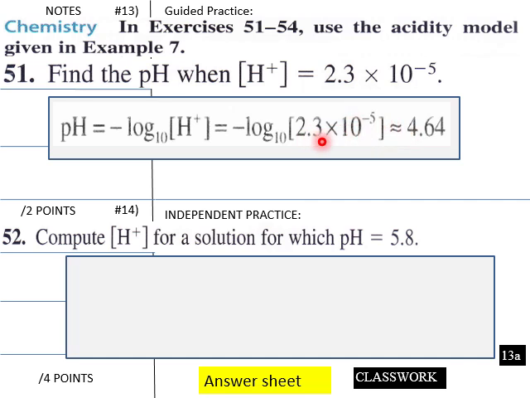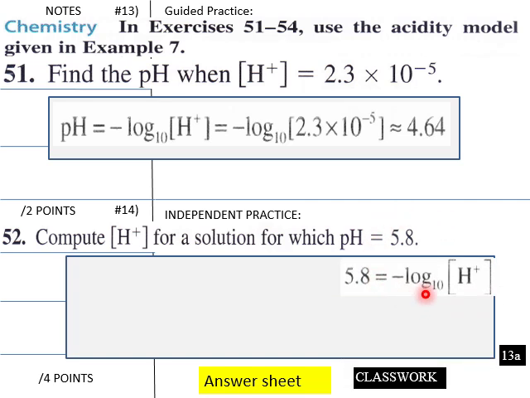And when you crank this out, you'll get 4.64 as your pH with this amount of hydrogen ions per liter.